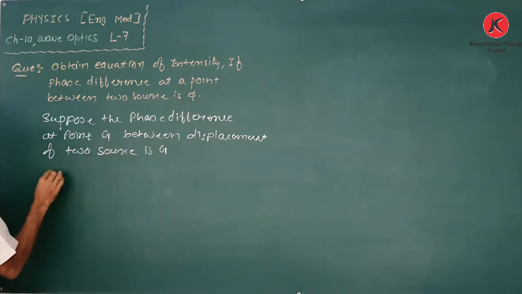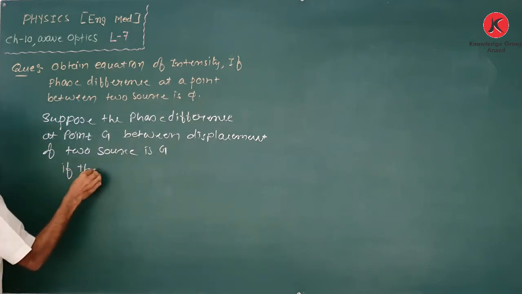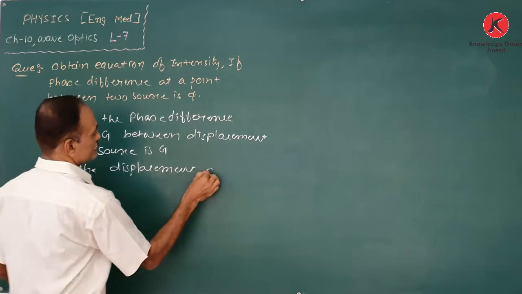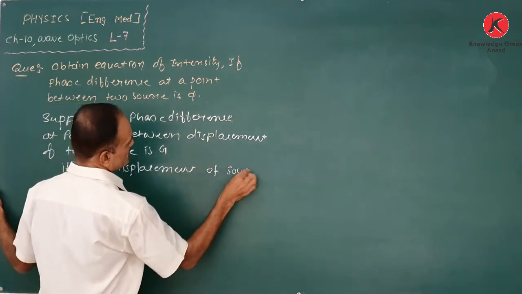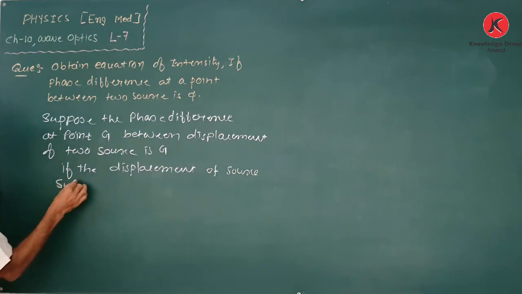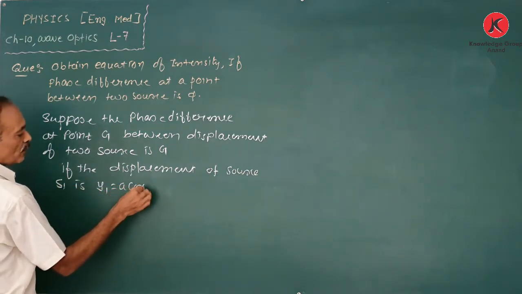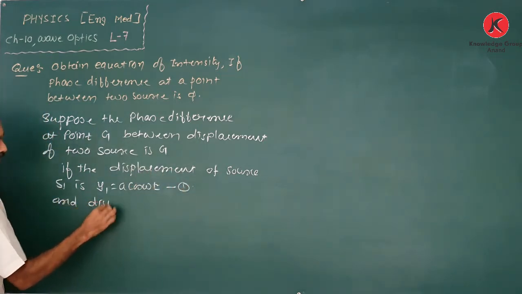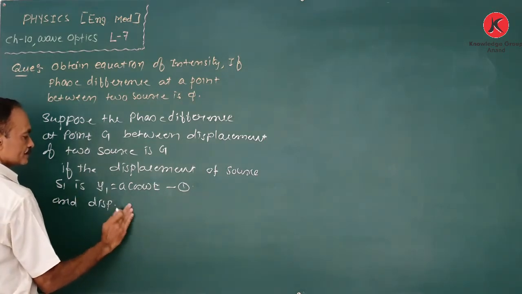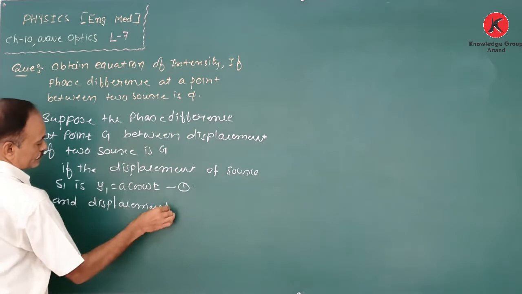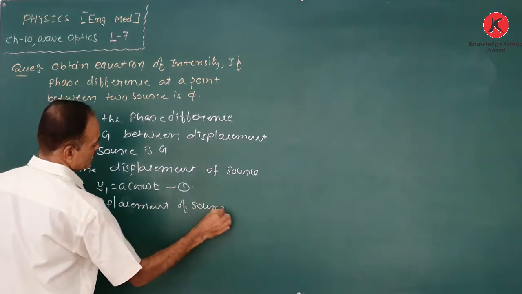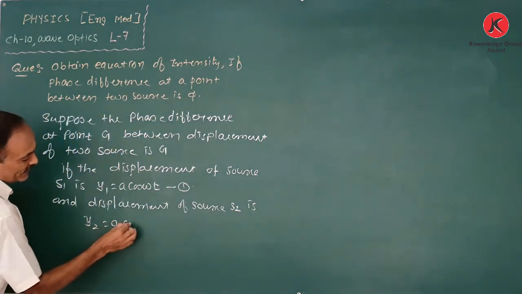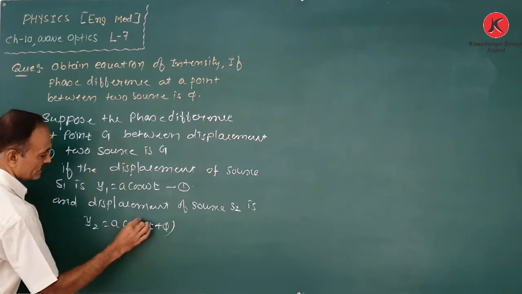Right? Now, if the displacement of source S1 is y1 equal to A cos omega t, equation 1, and the displacement of source S2 is given by y2 equal to A cos(omega t plus phi), equation 2.